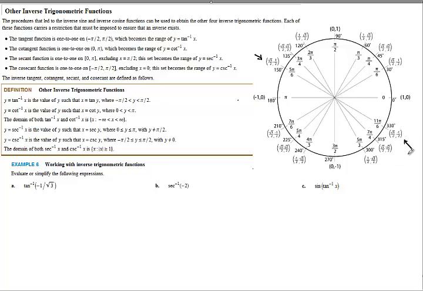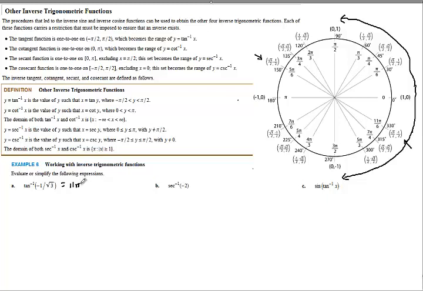Cool. My domain says choose the value that's in between negative pi over 2 and pi over 2. That would be somewhere in between here. So apparently I'm going to pick 11 pi over 6.